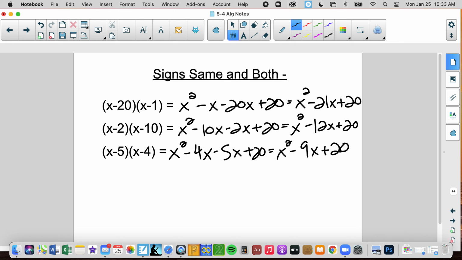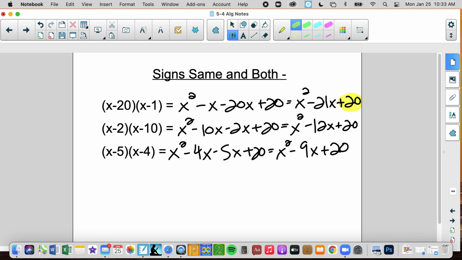So let's see what we observe again. Hey, I see that these are all positive 20s. So all those lasts are the same again. Why is that? Because negative 20 times negative 1 is positive 20. Negative 2 times negative 10 is positive 20. Negative 5 times negative 4 is positive 20.